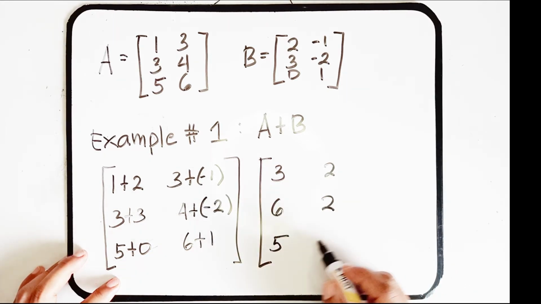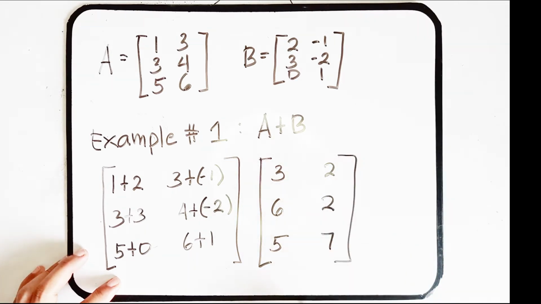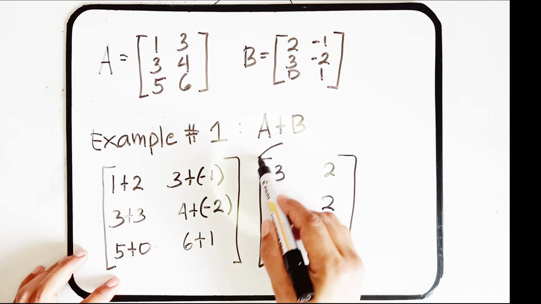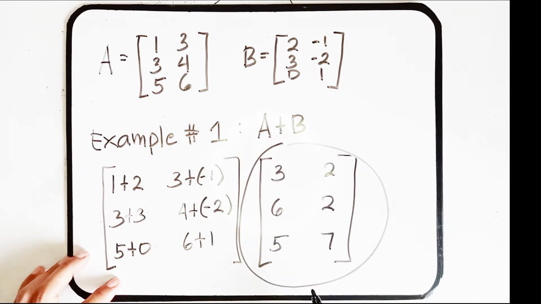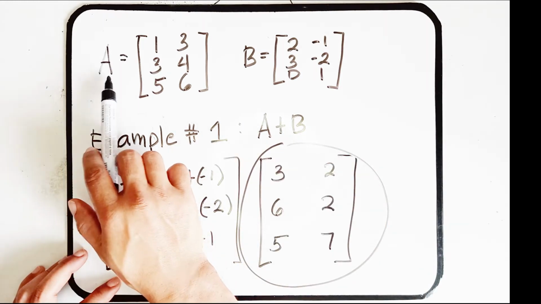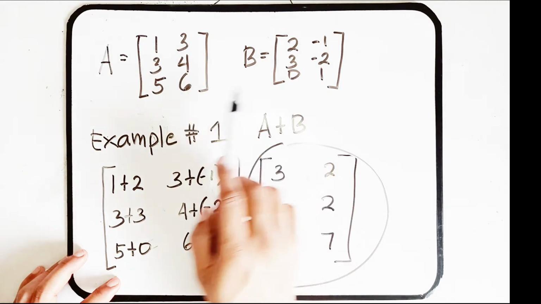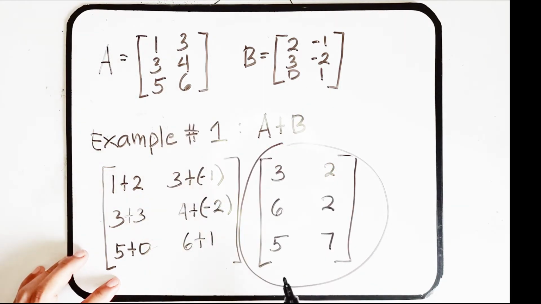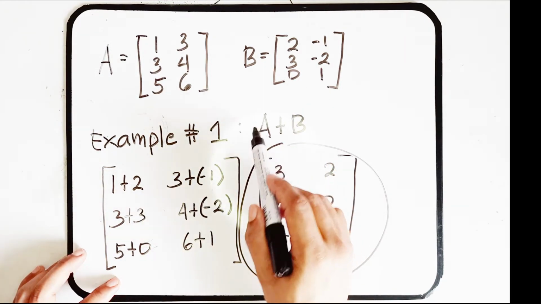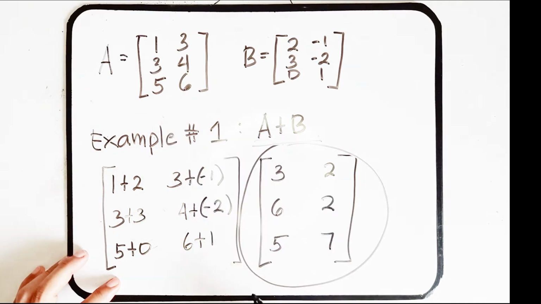And this is 6 plus 1, 7. Okay, there you go. This is now the answer. So we're able to add A and B because both matrices have the same order. So adding A to B with these elements will give us this new matrix.